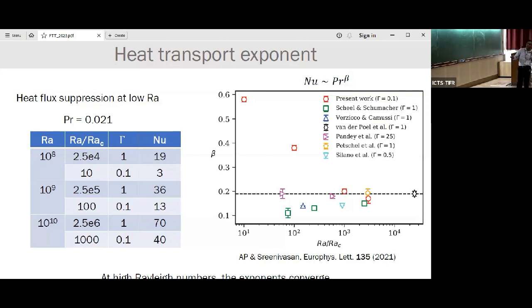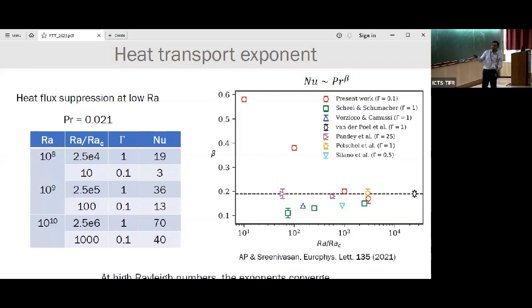You go to 10 to 9, and we have heat transport of 36, 13 in the slender cell. Again, 70, 40. So heat transport is suppressed, but as you can see from this table, it's approaching faster towards the value in the extended cell.